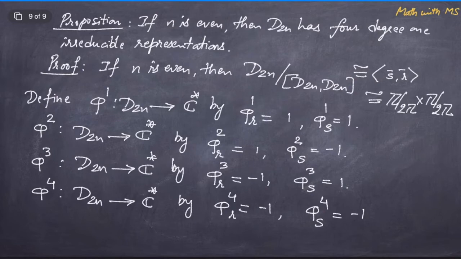Okay, if you write one copy of Z mod 2Z as generated by, say, generator A and the other generated by B, then there are 4 elements, right? 1, A, B and AB. And you just map them in this fashion, that is, the first one is map A to 1 and B to 1, and second is map A to 1 and B to -1, third is map A to -1 and B to 1, and fourth is map A and B both to -1, and then compose with the quotient map from D2N to D2N mod its commutator subgroup.